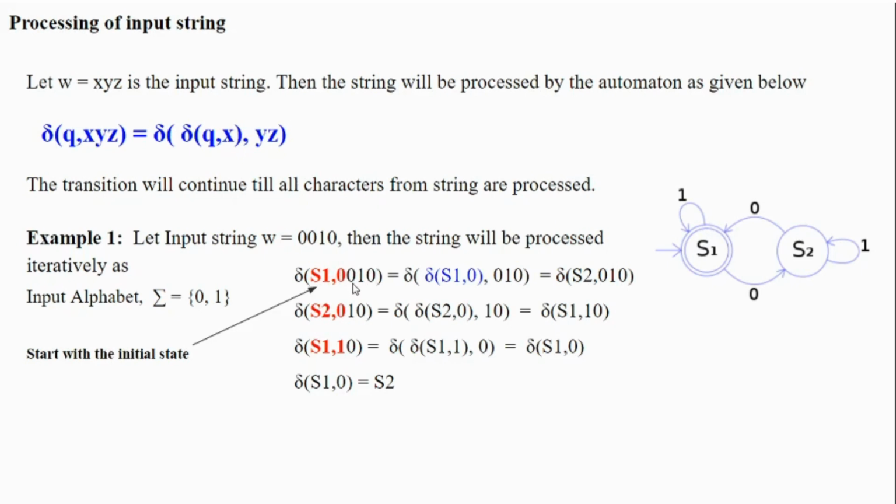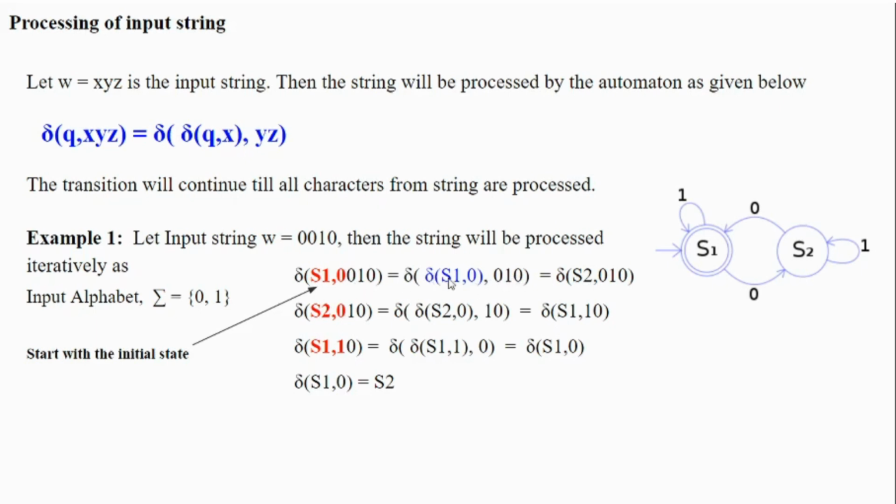Now you have to extend the transition function. How will it be extended? The transition function is applied on the state given and the first input character. The first input character here is 0. So we are applying the transition on the current state and the first input, which is 0, and the rest of the input string is left here.